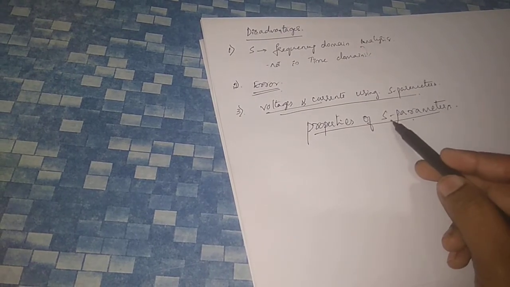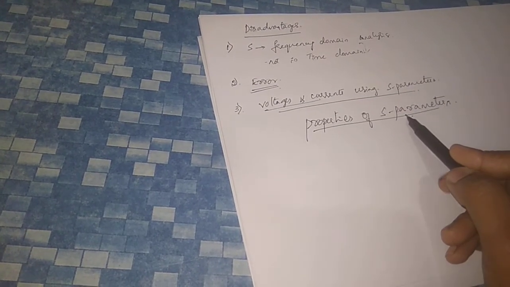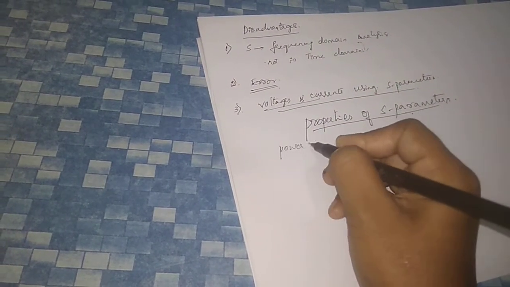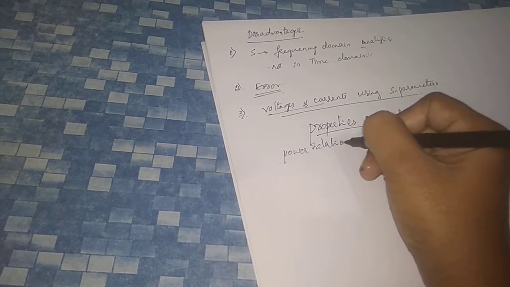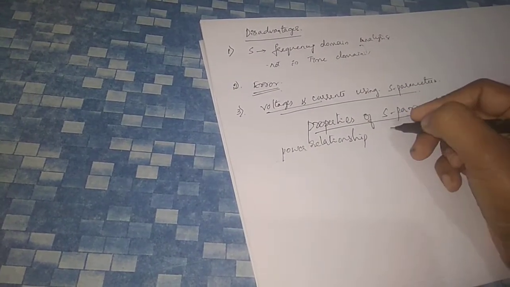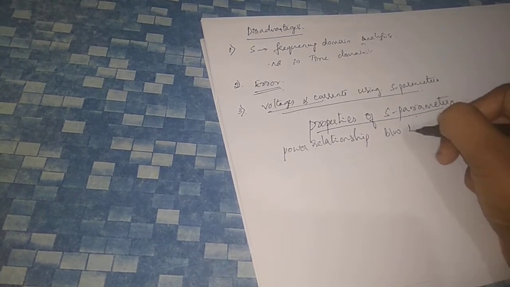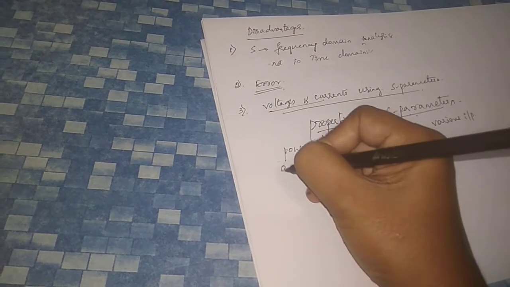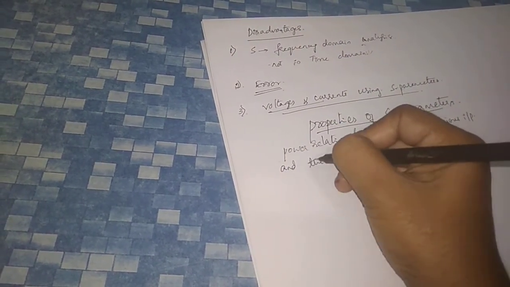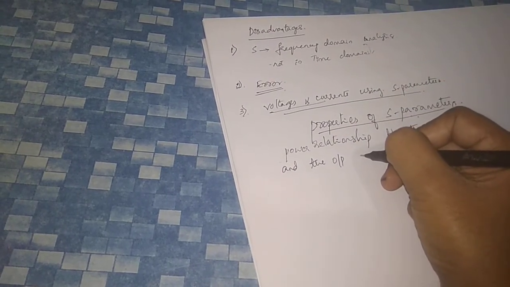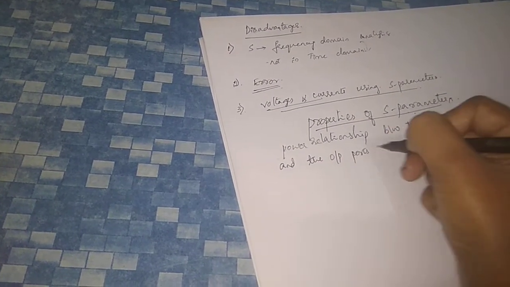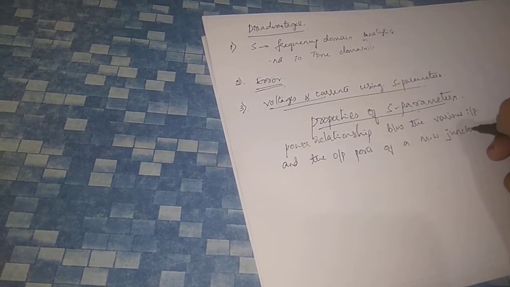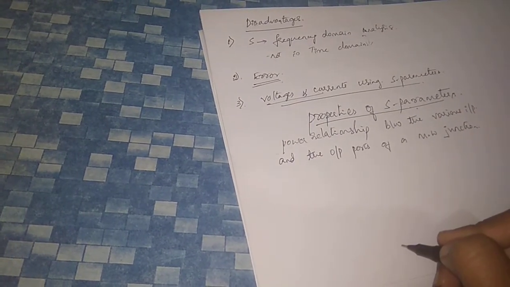So wherever you are saying the S parameter, that means you are referring to the power relationship between the various input and the output ports of a microwave junction.